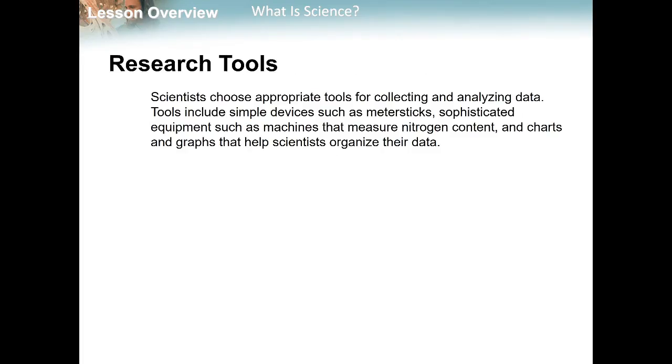So a scientist, in order to be able to collect data, is going to have certain tools that they're going to be able to use. Tools are going to be a full variety of devices like meter sticks. We could use sophisticated equipment like a microscope, that's easy.